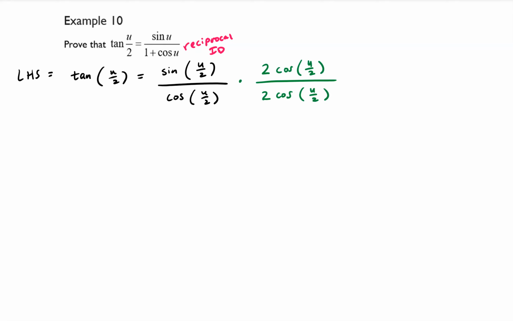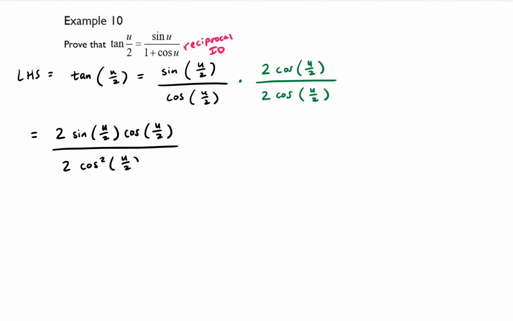And if we do that, we get 2 sine of u over 2 times cosine of u over 2 over 2 cosine squared of u over 2. And that step we got by multiplying by a fancy 1.